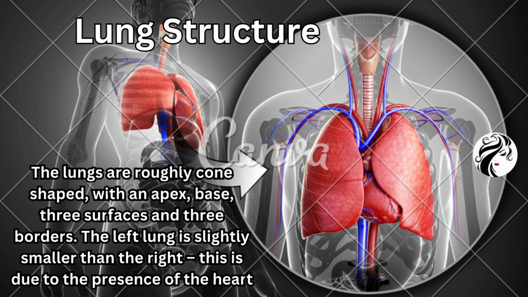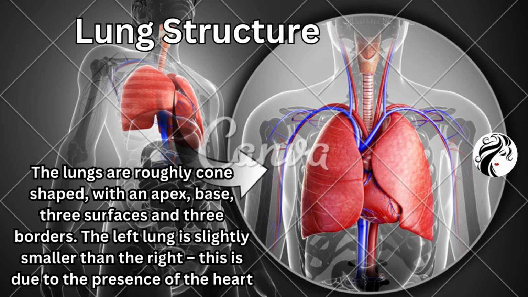The left lung is slightly smaller than the right. This is due to the presence of the heart, and there's a depression over the left side of the heart which is known as the cardiac notch, because the heart is present there and fits that depression. Hopefully you have a little understanding of lung structure.